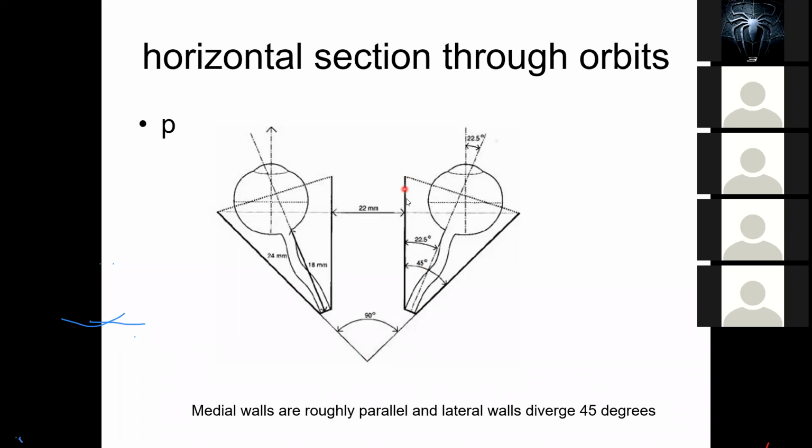So this medial wall forms an angle with this lateral wall of about 45 degrees. All right, so basically that's what I want to say about this slide. And then these are the distances that I mentioned.